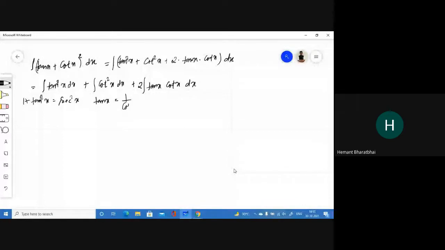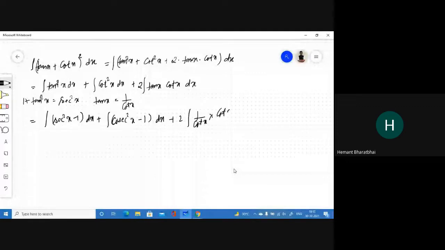So this will become integration of sec square x minus 1 the whole dx. Similarly, cot square x can be written as integration of cosec square x minus 1 the whole dx. 2 into integration of tan x can be written as 1 by cot x into cot x into dx, so the cot and cot get cancelled.